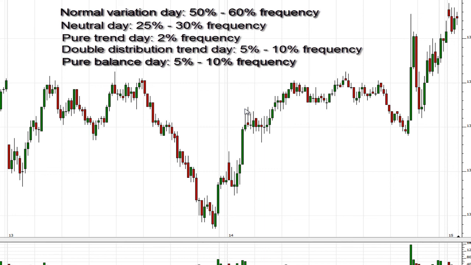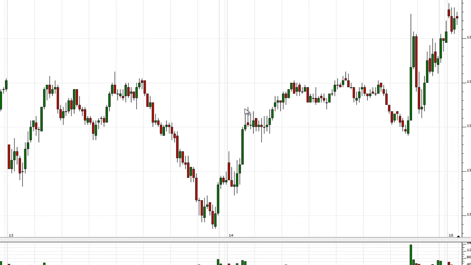But that's good enough. Again, there's never anything that's purely precise in the markets, and having these stats really helps us out. It really helps us to know the likelihood of certain things happening. Just the stat in itself that 70 to 80% of the time the high or the low happens within the first hour is a great stat.